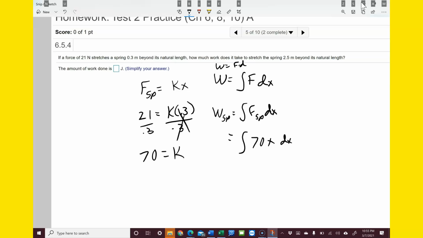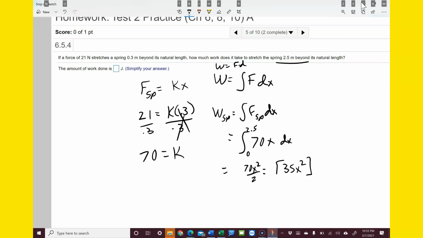And so then it's going to go 2.5 meters beyond its natural length, so 0 to 2.5. So that gives me 70x squared over 2, which is 35x squared.